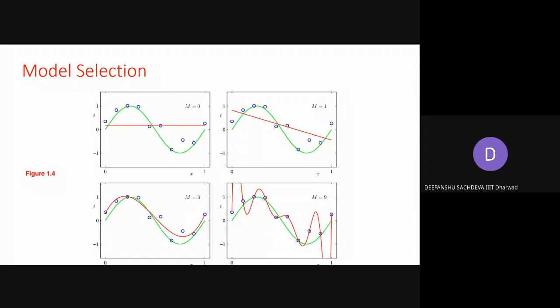Let's consider these four scenarios. In m equals to 0, what will happen? We know that we have some new data point, and this data point will have some distance from this line.